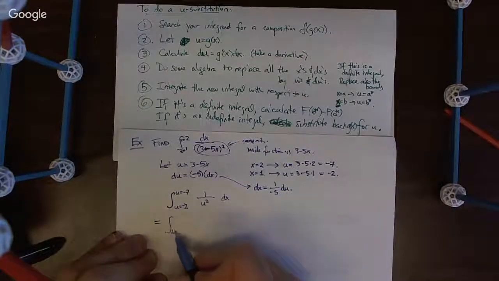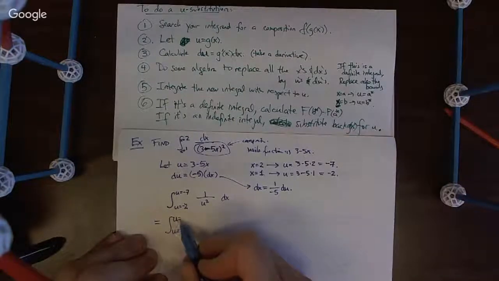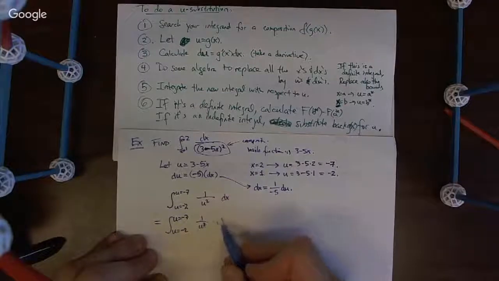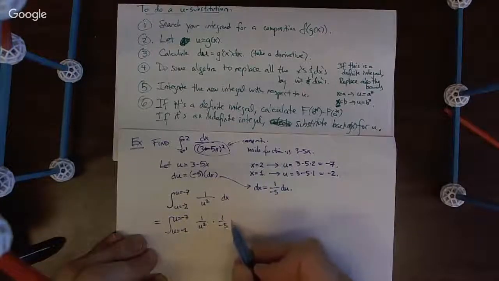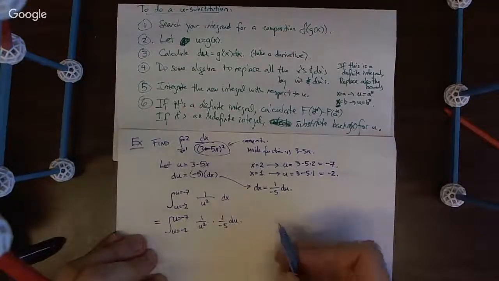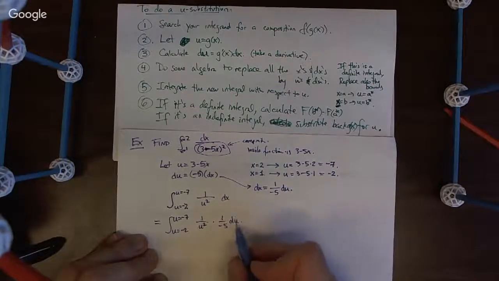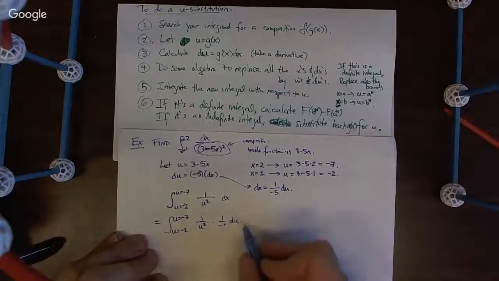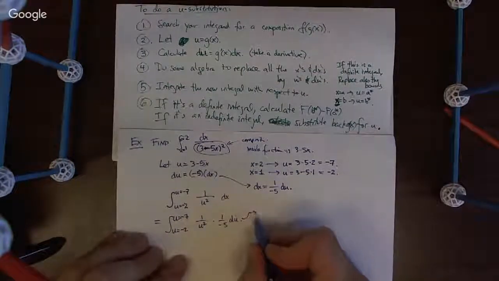And so we get the integral from u equals negative 2 to u equals negative 7 of 1 over u squared times 1 over negative 5 du. Now this is an integral that's all in terms of u's and no x's, so we can take the integral.